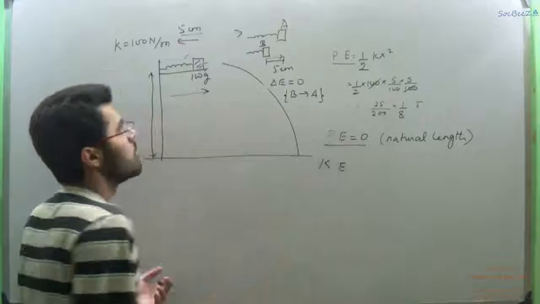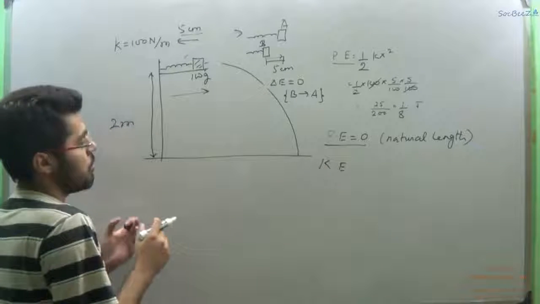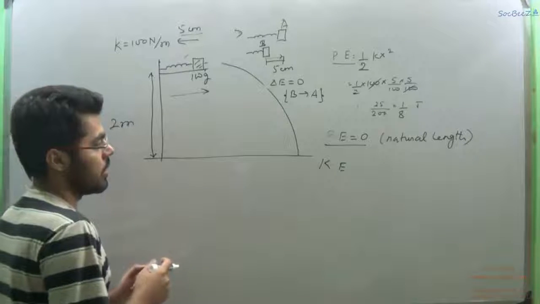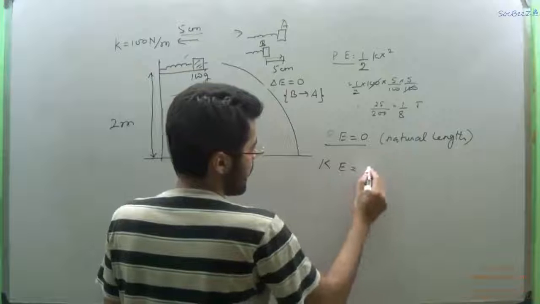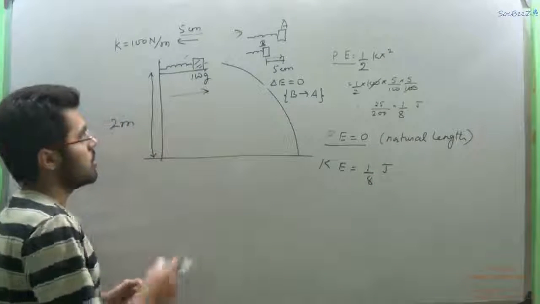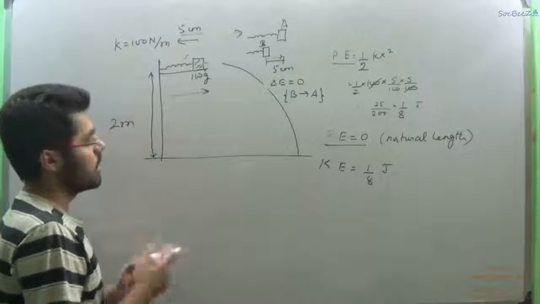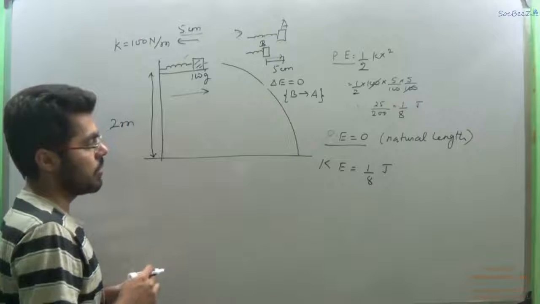So when it comes from B to A, the potential energy gets slowly transferred into kinetic energy. Initially potential energy was 1 by 8 joule. So finally kinetic energy will be again 1 by 8 joule, because the spring has attained its natural length, so its potential energy is 0. The entire energy has been transferred to kinetic energy.